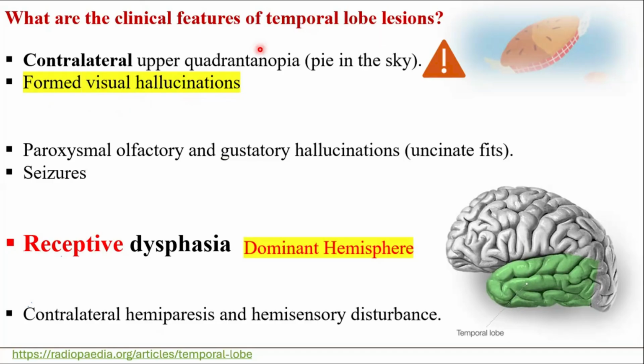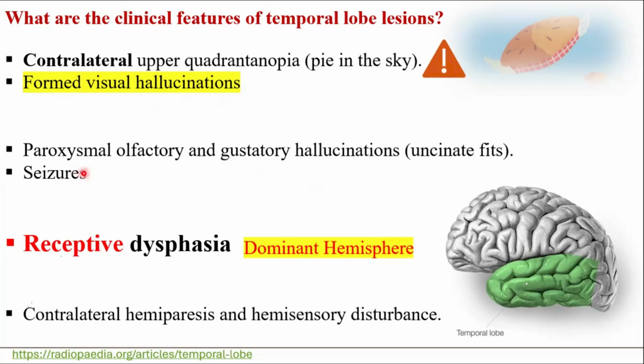So temporal lobe lesions result in formed visual hallucinations. So I grouped the manifestations into some groups. The first two lines relate to ophthalmology, okay? Like contralateral upper quadrantanopia and formed visual hallucinations. Once you remember hallucinations, we have other hallucinations because the temporal lobe also has a center for smell and taste.